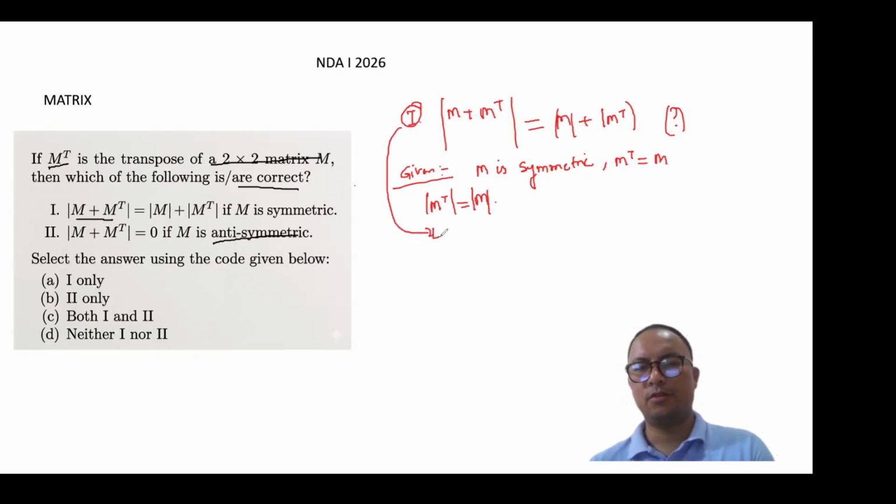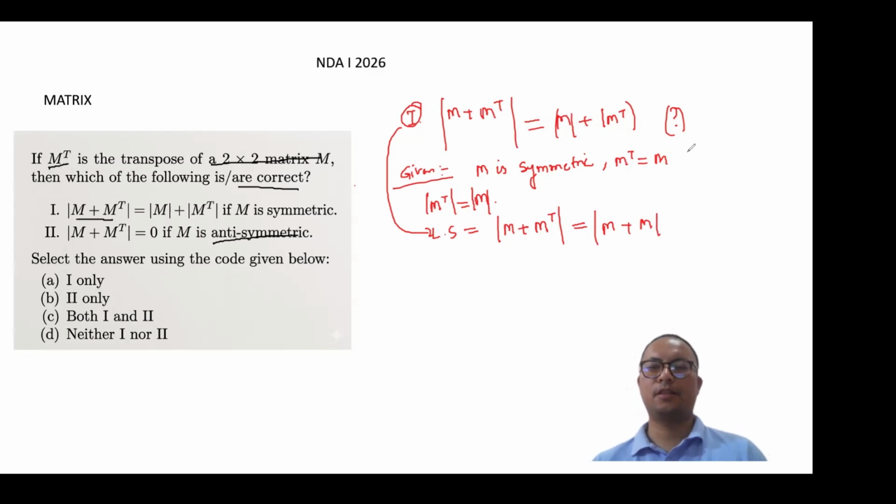Check what the left side is. Left side is the determinant of M plus M transpose. Since M transpose is equal to M, as M is symmetric, this will be 2 times M, determinant.